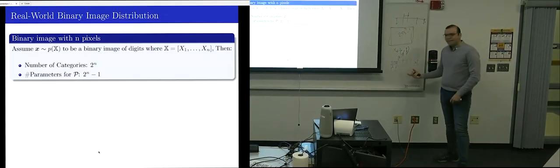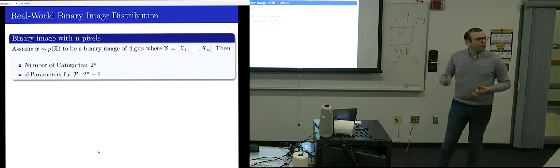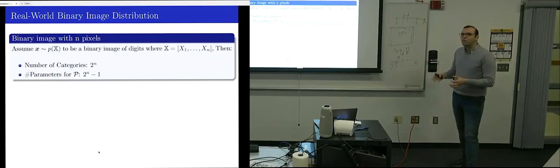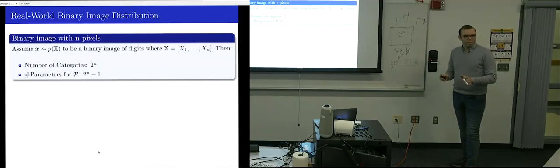So to model an image with n pixels, a binary image, very simple, you need 2 to the power of n minus 1 parameters. So again, intractable. So you must select a subset. You cannot work with the whole set. Okay?